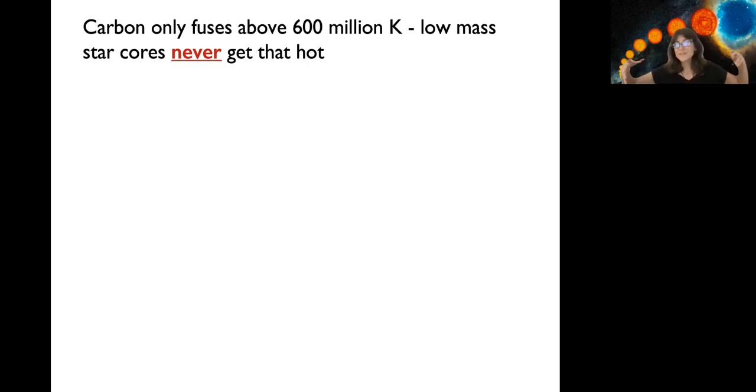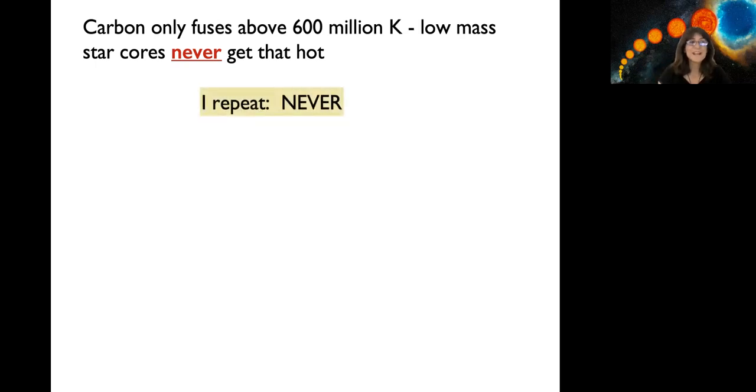A low mass star, 8 solar masses or below, does not have enough gravity to contract the gas enough to get it above 600 million Kelvin. So I'll repeat it because a low mass star can never have carbon fusion.